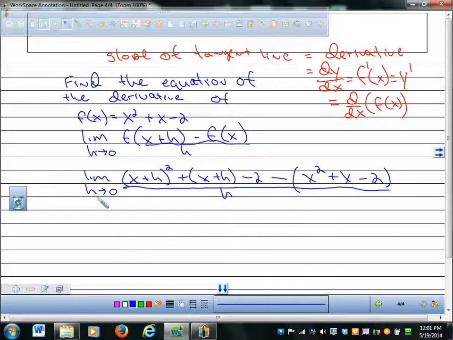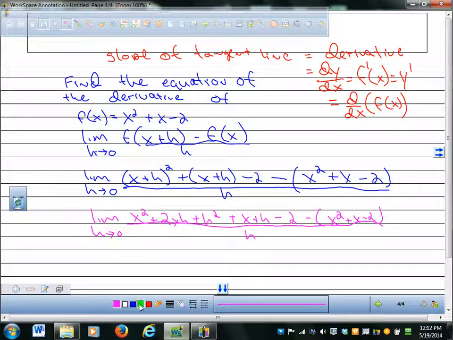And you say this looks horrible. It's not that bad because things disappear. Watch, it's kind of fun. When I FOIL this, I get the limit as h goes to 0 of x squared plus 2xh plus h squared plus x plus h minus 2 minus, leaving this in parentheses, x squared plus x minus 2, that whole thing over h.